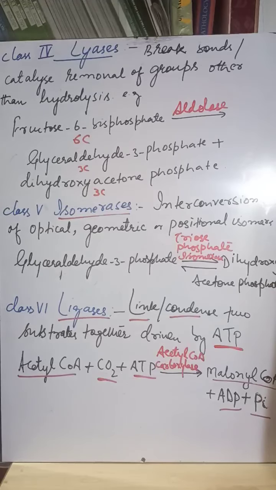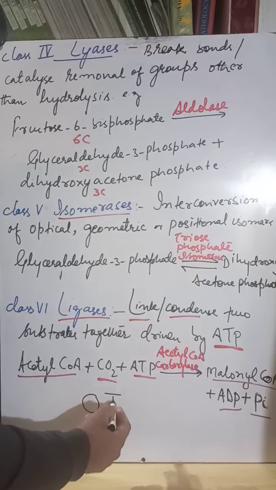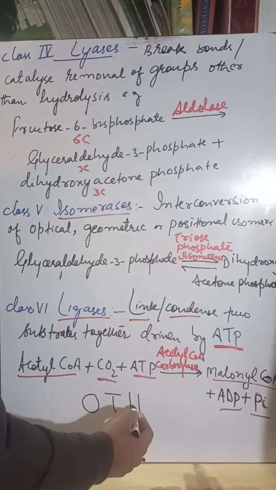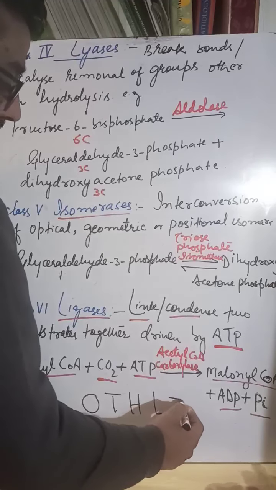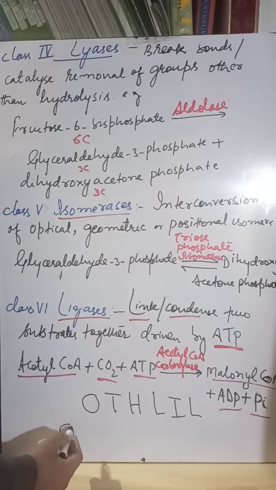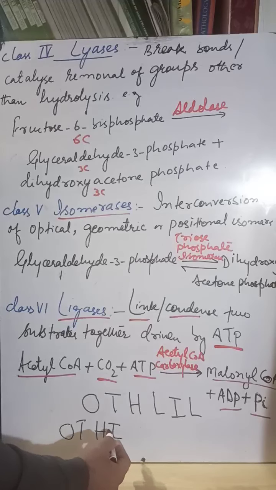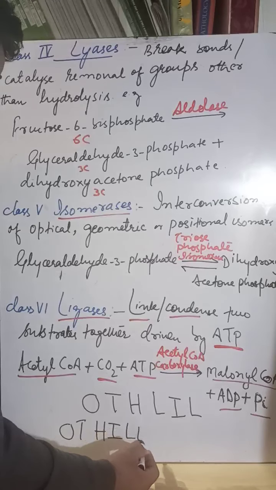Now these 6 classes of enzymes have been given a sequence, like class 1 is oxidoreductase. But how are you going to remember this? Some students remember it as OT HILL.